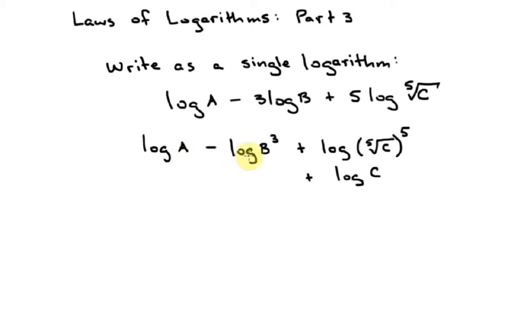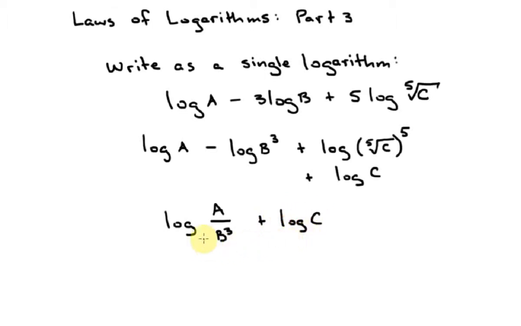Now, how do we combine these? It's best to work them from left to right, and then combine them in multiple steps. So here we are subtracting, and that means I can combine these through division. So a divided by b cubed, and then I still have this plus log of c.